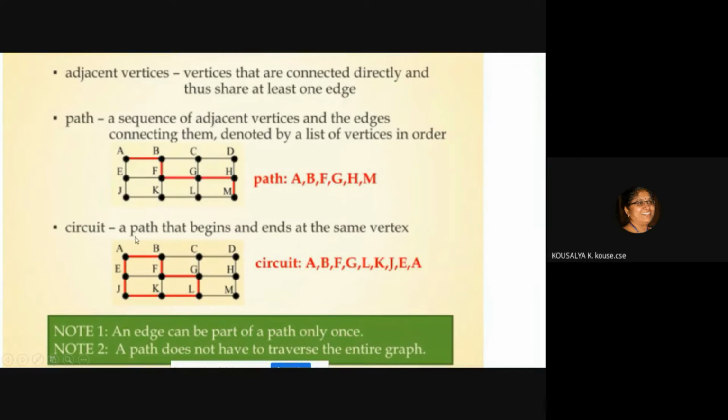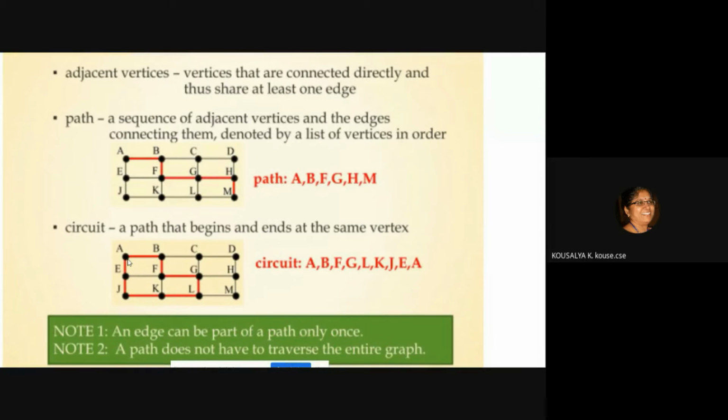A circuit means a path that begins and ends at the same vertex. Take an example: starting from A, you move A to B, B to F, F to G, visiting all the possible vertices, and then you reach back to A, which is the starting vertex.